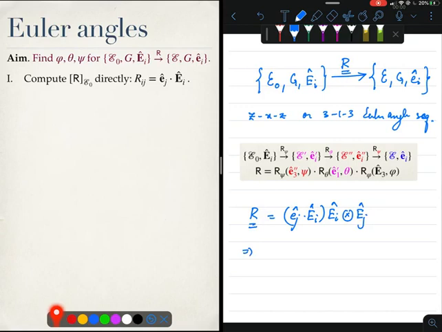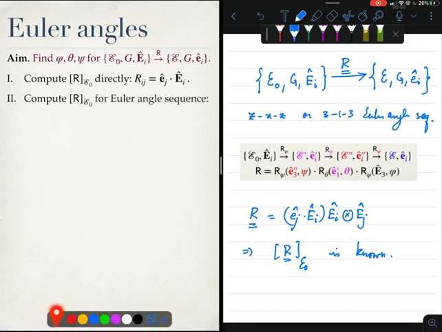So this implies that the rotation tensor R in E0 is known. Okay, so that's one part. The next part is, let's now compute the rotation tensor R in E0 using this formula, or this relationship.